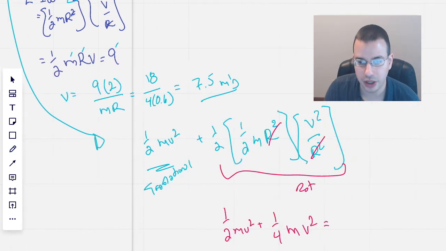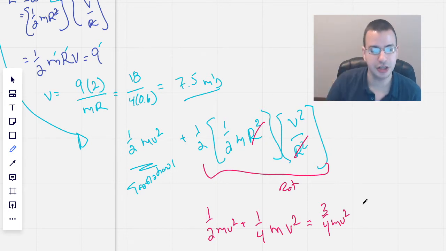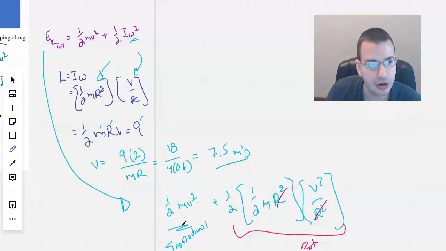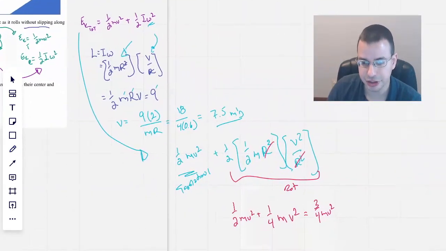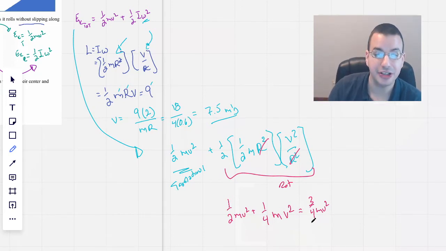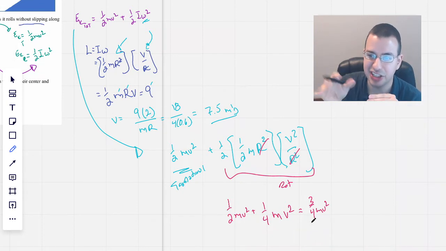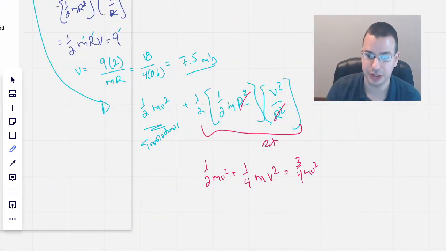And we're left with 3/4 mv squared. Just intuitively looking at this, 1/3 of the energy is stored in the rotating of the cylinder and 2/3 in the translation, so there is half as much energy in the spinning as there is in the translation. And that's going to be true for all cylinders that are rolling without slipping.